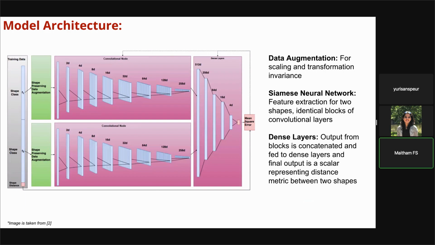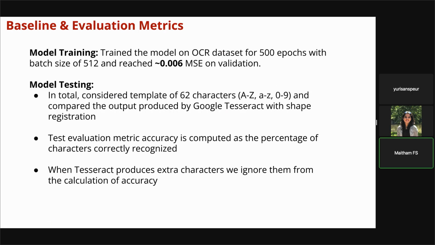And so here is the model architecture. We have the data augmentation first, and then the feature extraction, then the dense layers to get the distance between the two shapes. For model training, we trained the model for 500 epochs with a batch size of 512, and we reached around 0.006 MSE on validation.